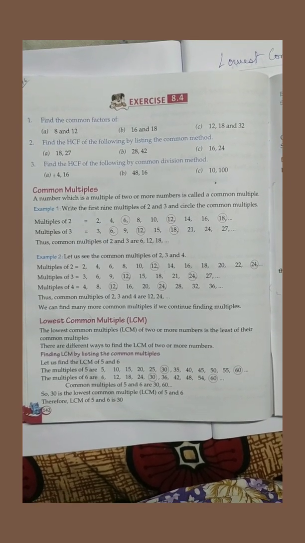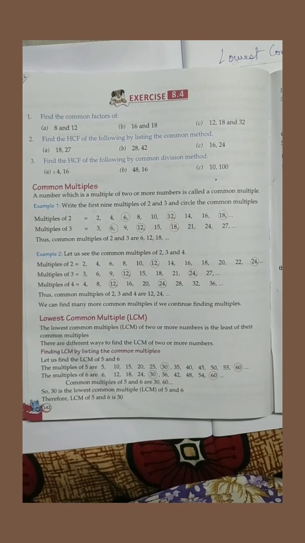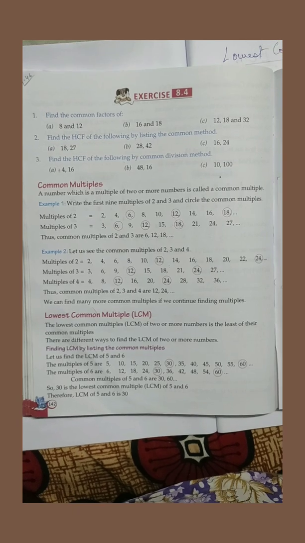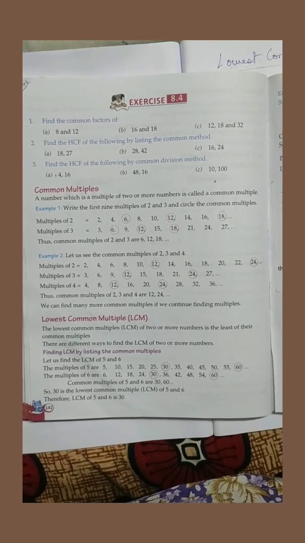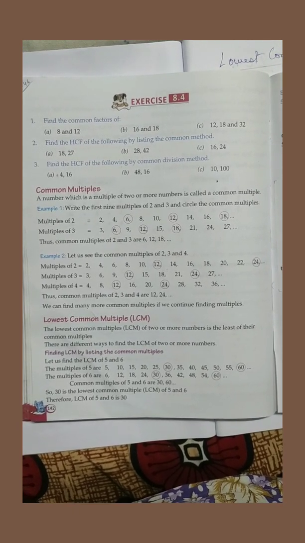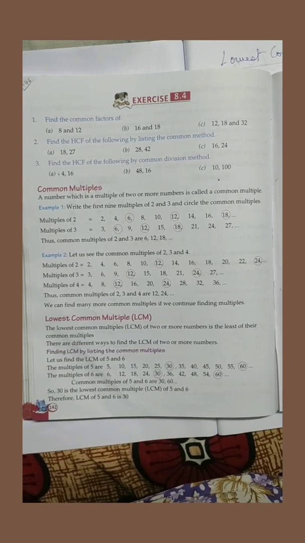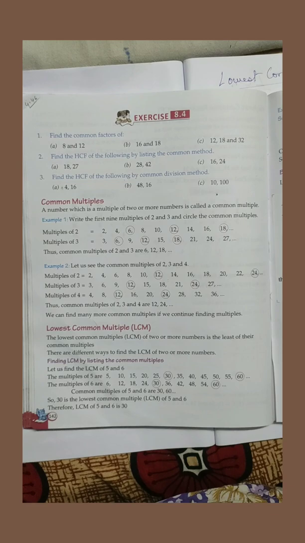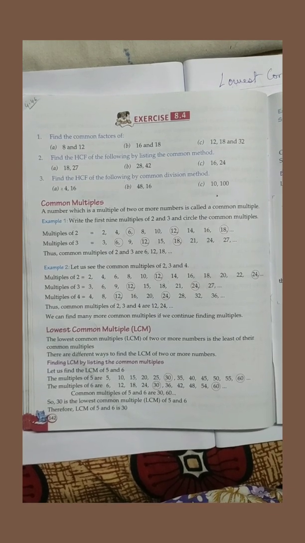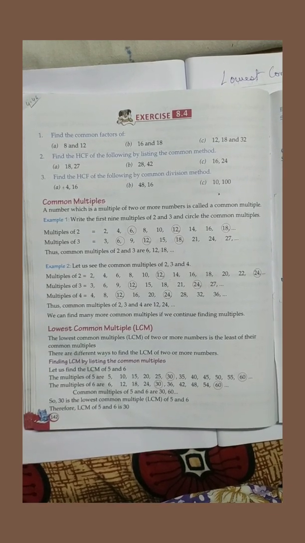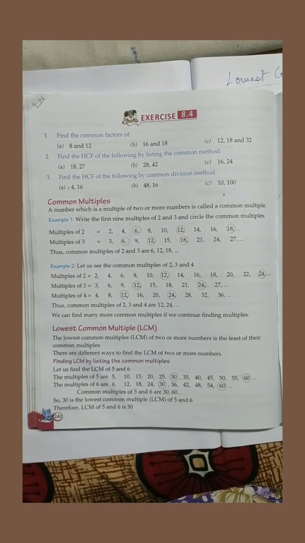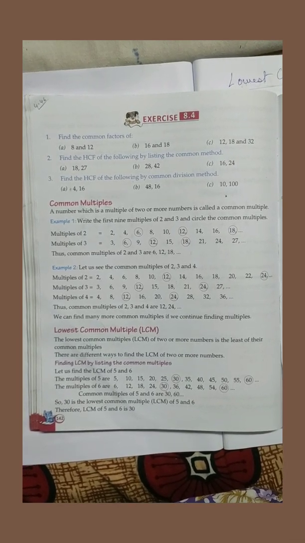It will never end. So what are the common numbers you can see between these three? The common numbers are 12, 24 and so on. That means we have more common multiples of 2, 3 and 4, which can never be counted or will never end.